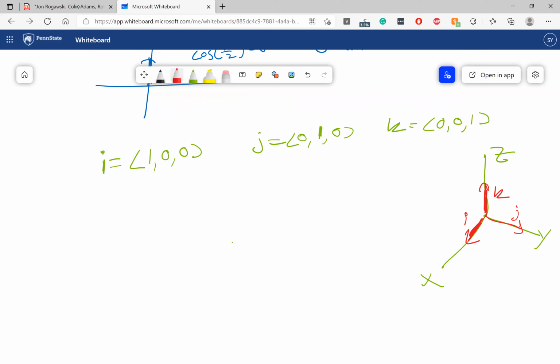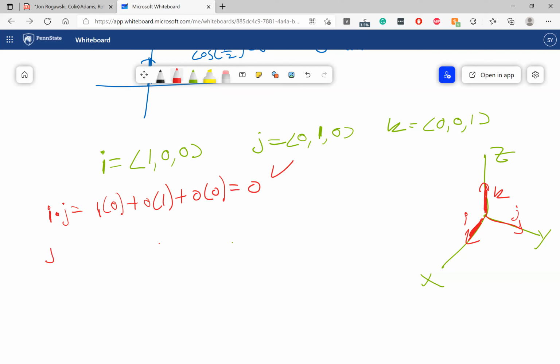And they are perpendicular. So what is I dotted with J? Well, that is 1 times 0 plus 0 times 1 plus 0 times 0, which is 0. Check. Let's just do one more.